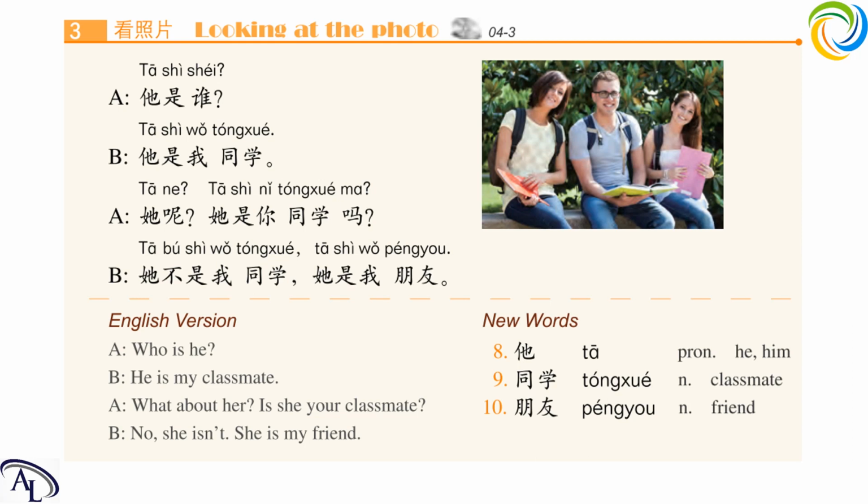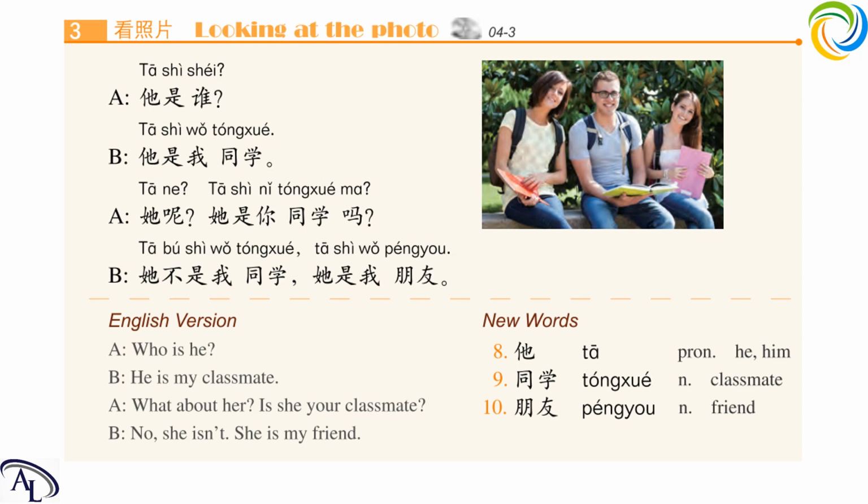Okay, next sentence. 他不是我同学. 不是 is the negative form of 是. It means no, she is not my classmate. 我同学 my classmate. And what is she? She is my friend. 她是我朋友. 朋友 means friend. 我朋友 my friend.